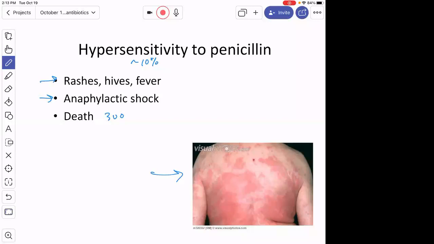So because I had a rash when I was like 4, now I can't ever have penicillin again or any beta-lactam antibiotic. I went to an allergist to try to get them to test me to see if I was really still allergic, and they wouldn't do it. He said, well, we would do that if we had to. Meaning, if I was at death's door or something, they might do that.